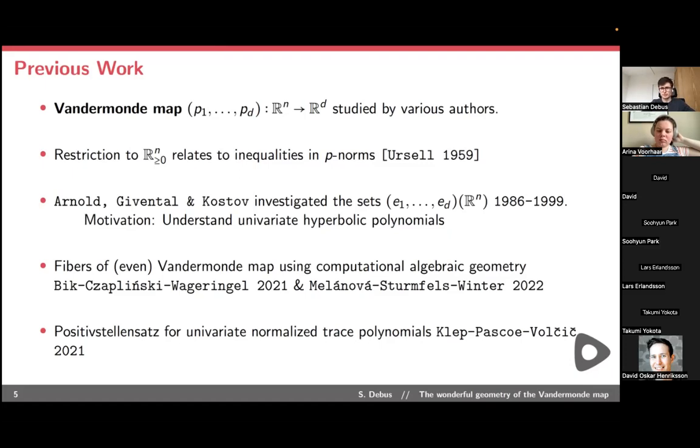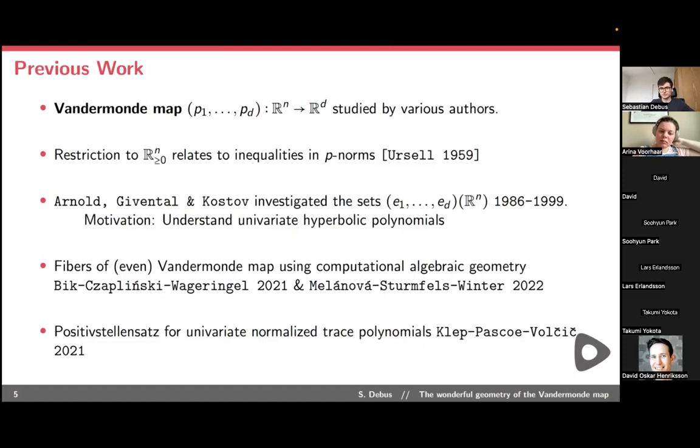And then more recently, people from the nonlinear algebra community in Leipzig studied the Vandermonde map or the even Vandermonde map, so restriction to the non-negative orthants, and they used tools from computational algebraic geometry. And this first paper here by Bigatti, Pelinski, and Wageringel, they studied only the case d equal to 3, and they described the boundary of the set, and already this is quite some challenging task.